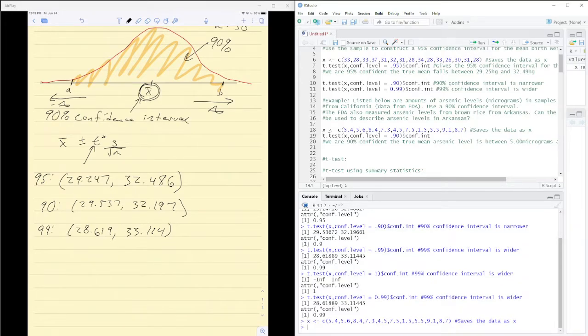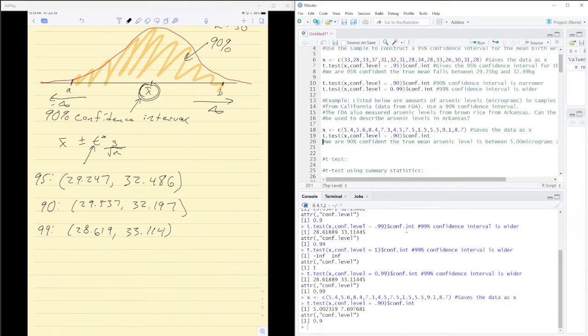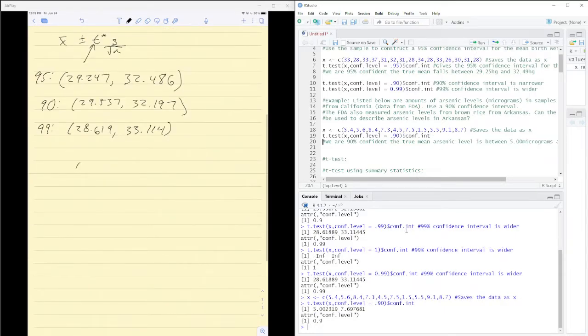And again, t.test, enter your data, specify your confidence level, and say you want the confidence interval. And we get a confidence interval of 5.00 to 7.70, rounding to 2 decimals.